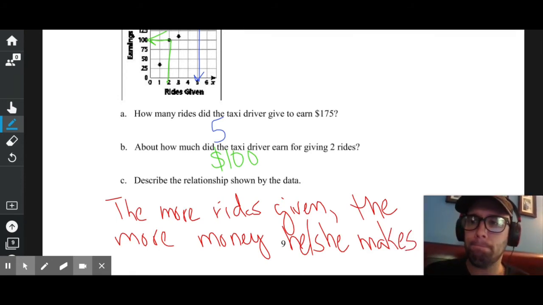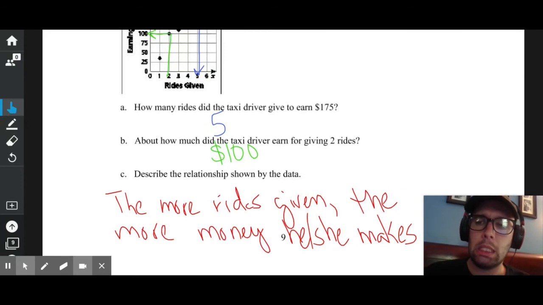Okay. Makes sense to me. Dollars and cents.